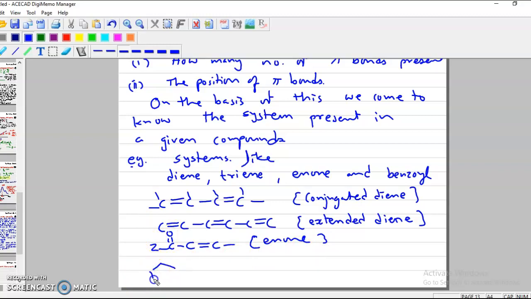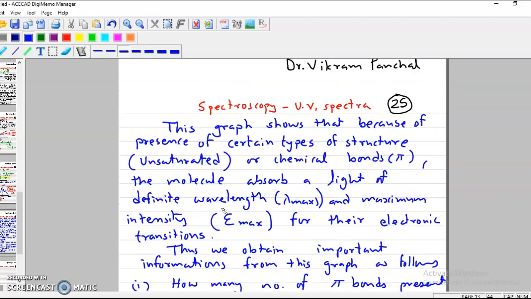Then we have the benzoyl system, in which there will be an aromatic ring along with C double bond O with Z. Here in both cases, Z can be H, OH, OR, NH2, R, etc. These are all different functional groups, but we call it a benzoyl system, and that also can be determined from the graph. So the graph gives us this much information about the given organic compound.